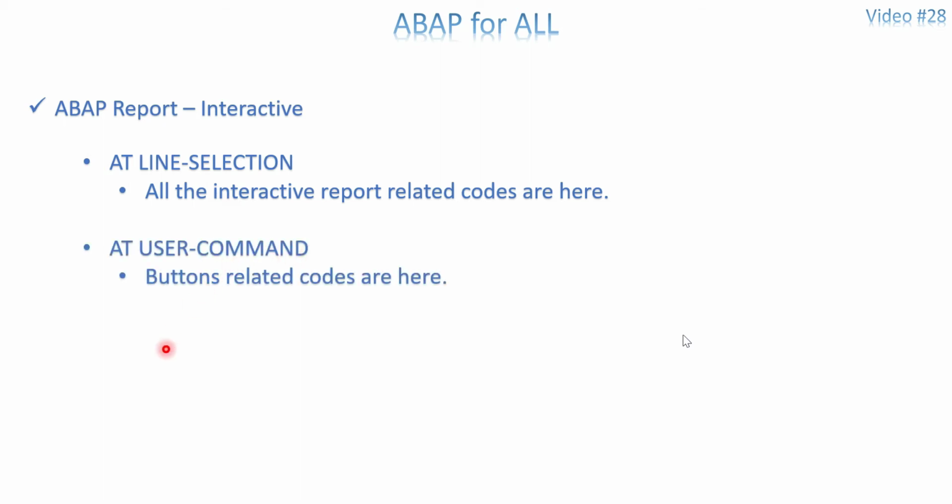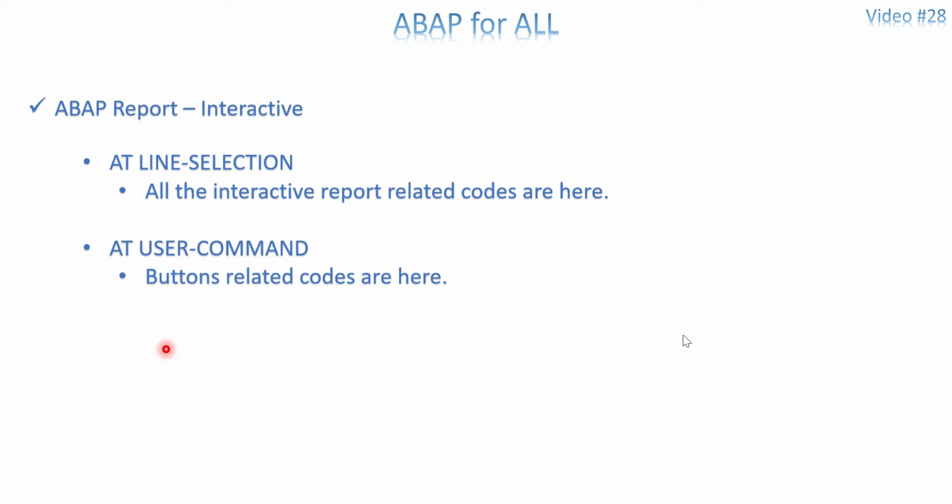At user command is for button related code. A report can have application toolbar buttons and our own menus. We will see those once we complete module pool programming, because there is a part called GUI status, or menu painter, as we call it.